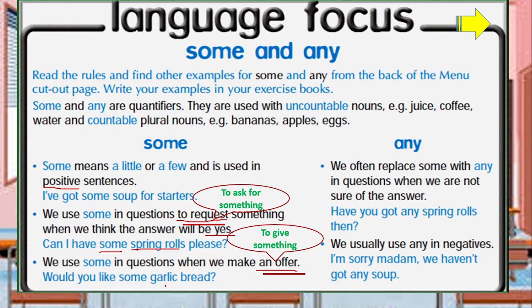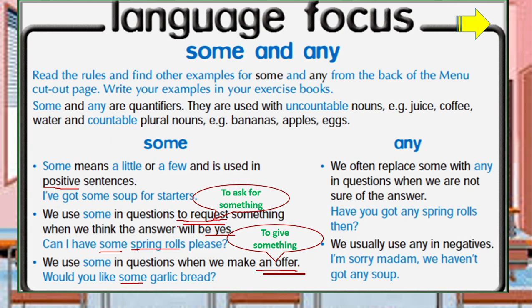Would you like some garlic bread? Because I am offering the service. I want to give the service. That's why I use some here, because this is offer. So these are the occasions where we use some. We use some in positive sentences, don't forget that.